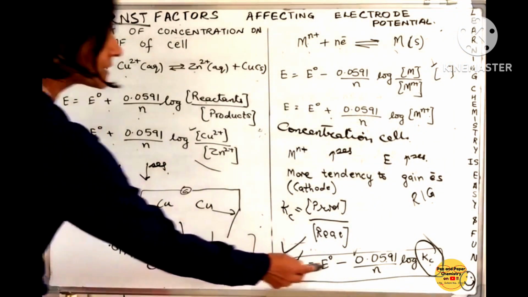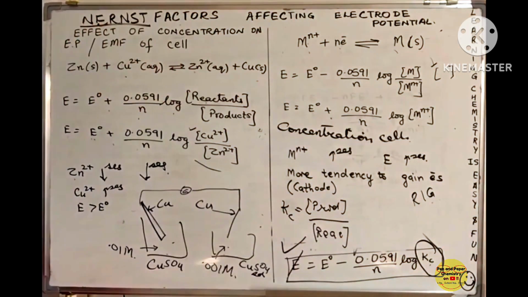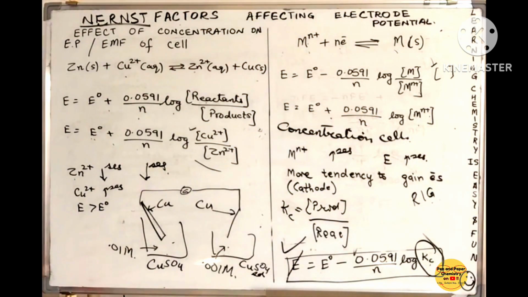So that helps us to determine the value of Kc, the equilibrium constant. In the same way, it can also be used to determine the feasibility of a particular process. We shall be going into that detail as well. This expression also helps us to determine the solubility product of a particular sparingly soluble salt.